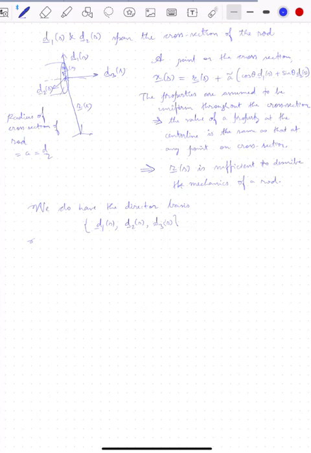The question is, how do they vary along the center line?